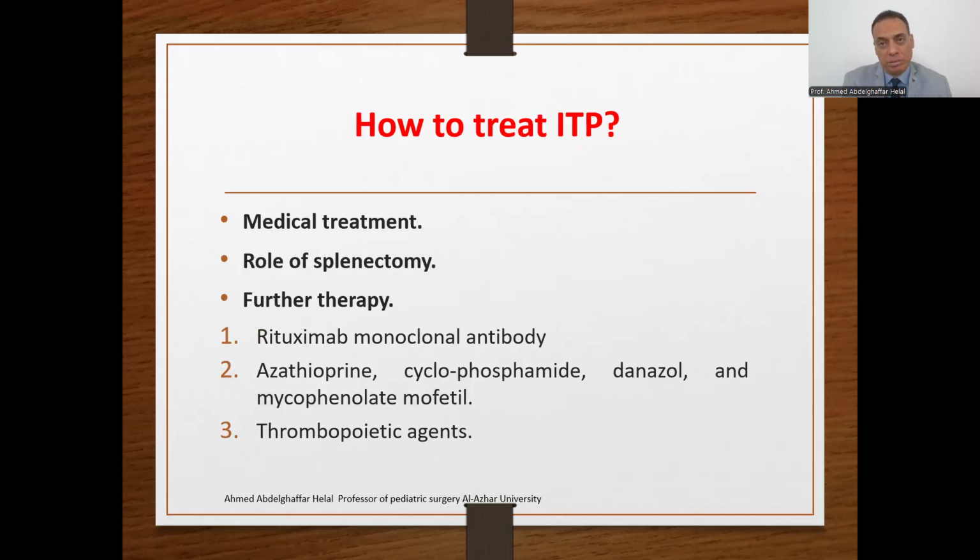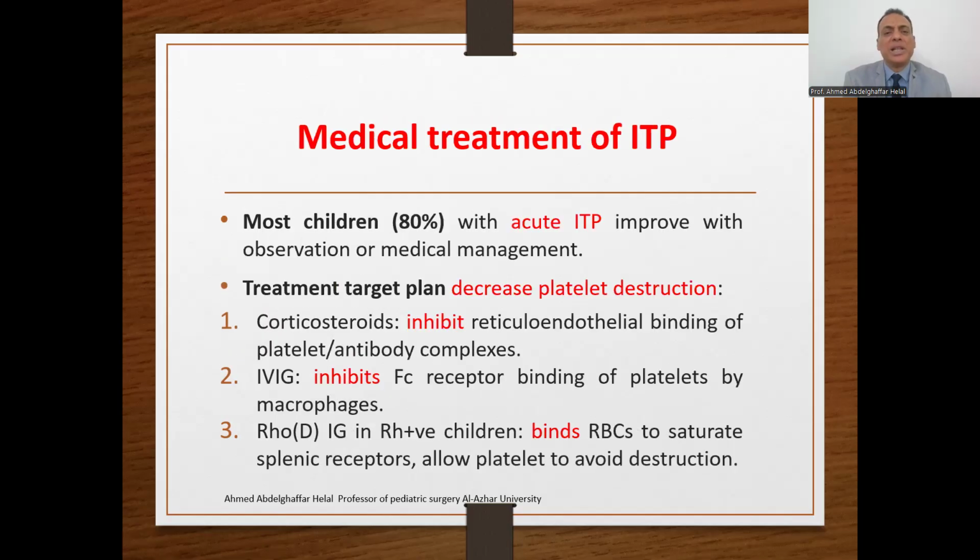How to treat immune or idiopathic thrombocytopenic purpura? We may have medical management to stop these autoantibodies and this immune reaction. We should speak about the role of the splenectomy, and we will speak about the further recent survey. Medical treatment of ITP: most children with an acute attack will improve with this medical management. The main treatment target is to decrease the platelet destruction.